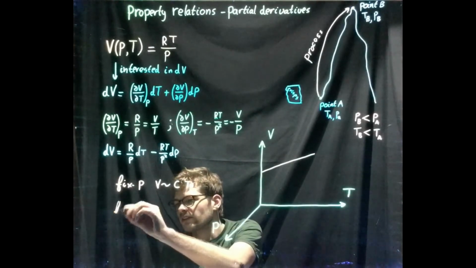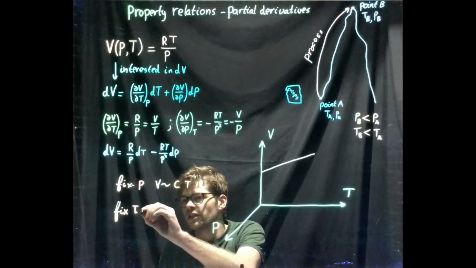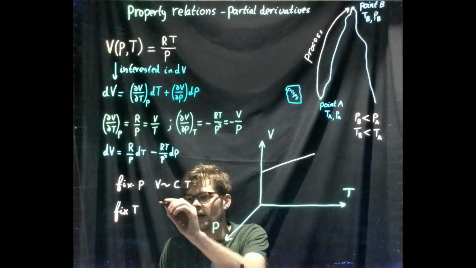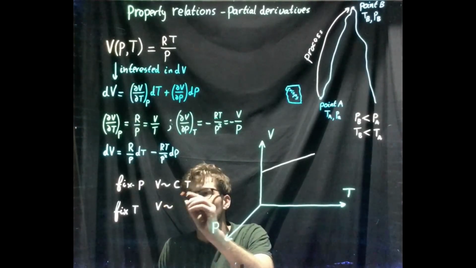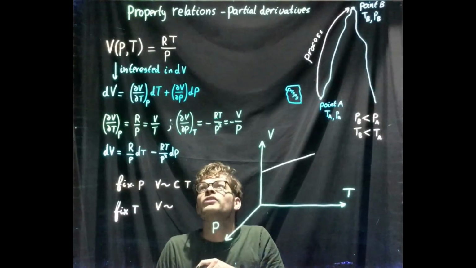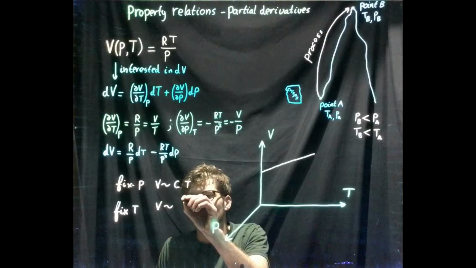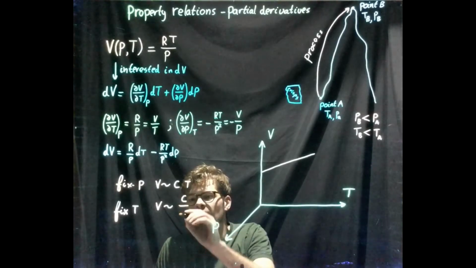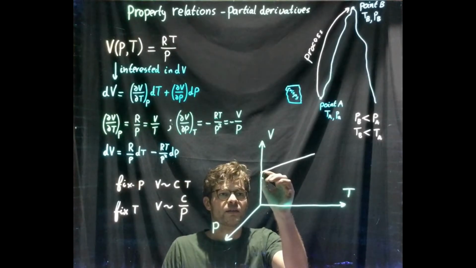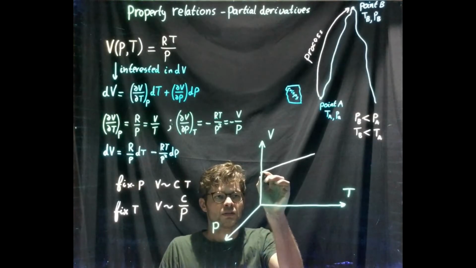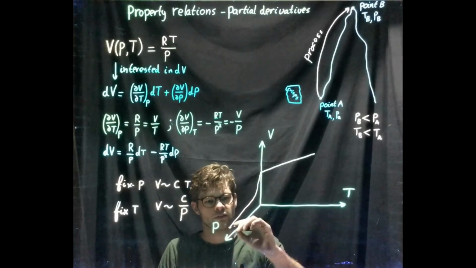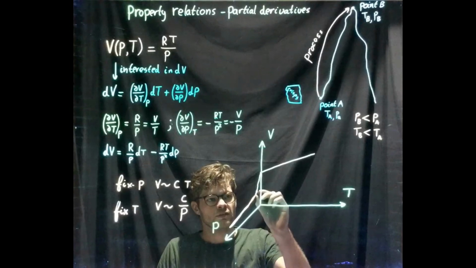So now I'm going to fix the temperature. So for a fixed temperature along the pressure line, I'm going to study the volume. So that will behave like RT, which is a constant, over P, so a constant divided by pressure. So that will look something like this. So 1 over a variable.